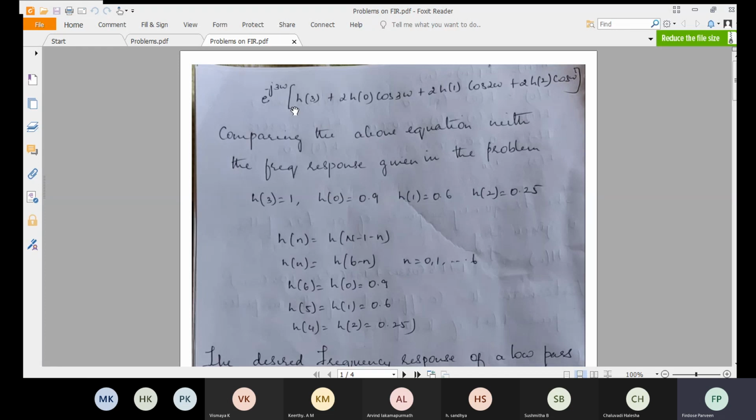After writing this equation, you compare it with the given problem. When you compare, h of 3 will be equal to 1, h of 0 will be equal to 0.9, h of 1 is equal to 0.6, h of 2. You compare here with the question.